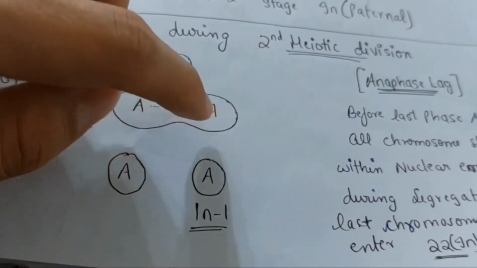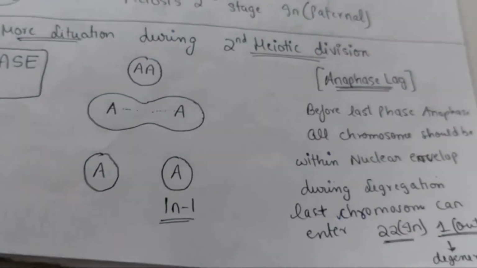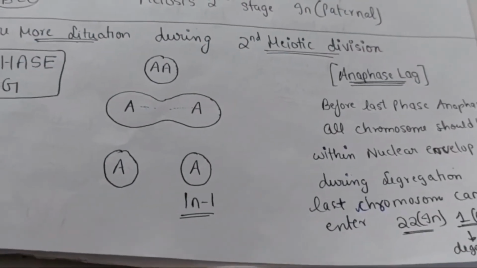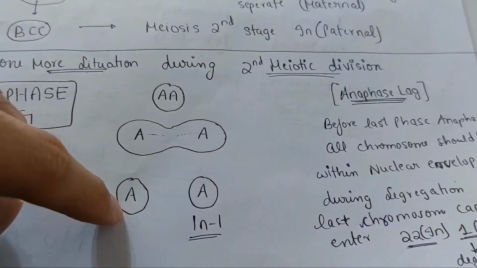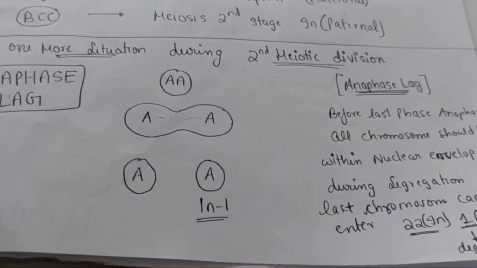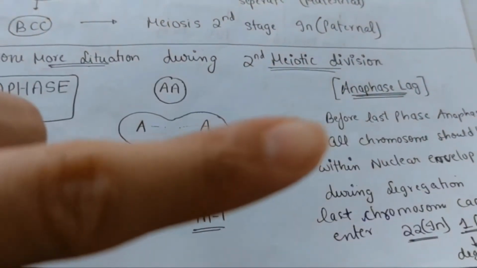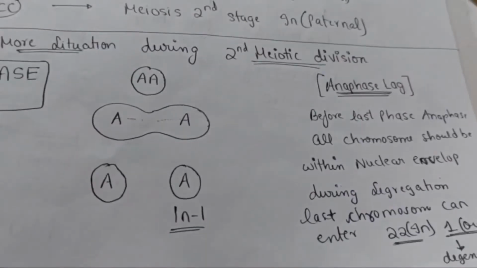By the time the nuclear membrane is formed, it does not reach there, and it remains outside in the cytoplasm and gets degenerated. As a result, this gamete is going to have 1n chromosomes, but this gamete is going to have 1n minus 1 chromosomes because it lacks that one chromosome, and this is called anaphase lag.